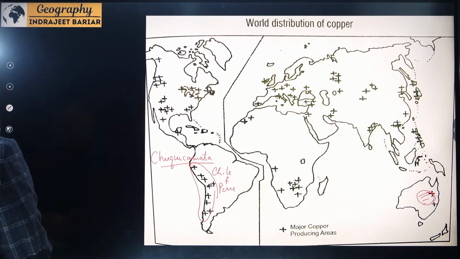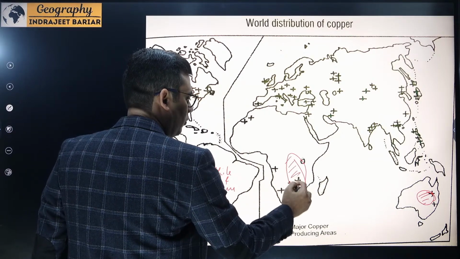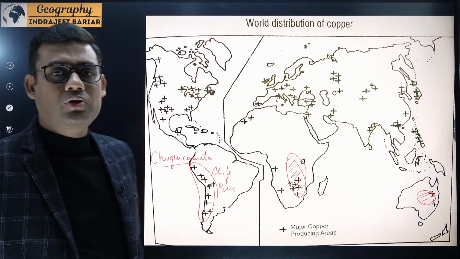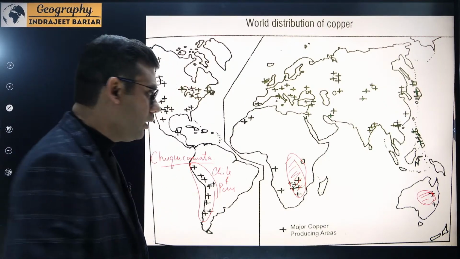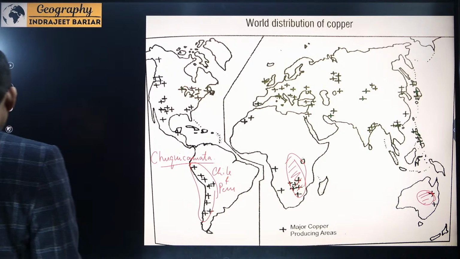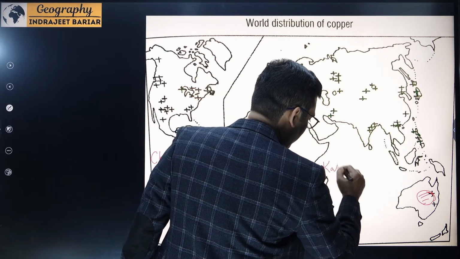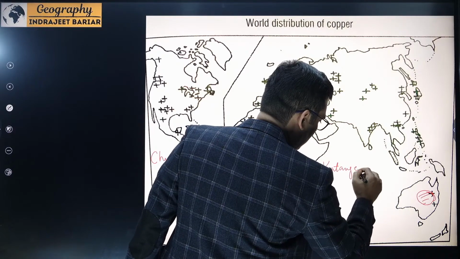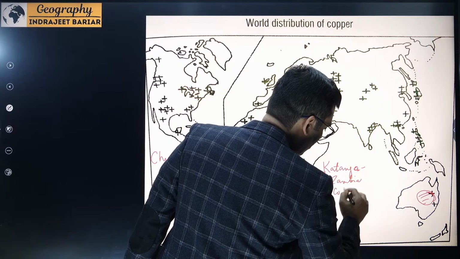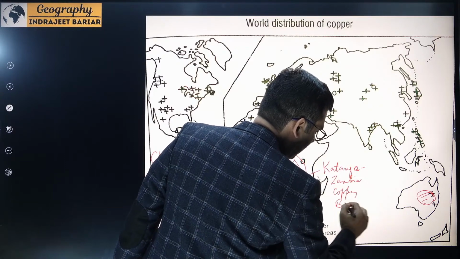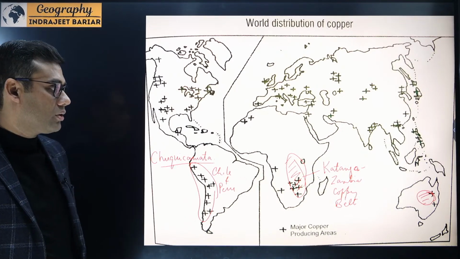Then going beyond that, this region is the one we identify with the Democratic Republic of Congo, reaching up to Zambia, which is called the Katanga, Zambia copper belt. So this Katanga, Zambia copper belt is another region.